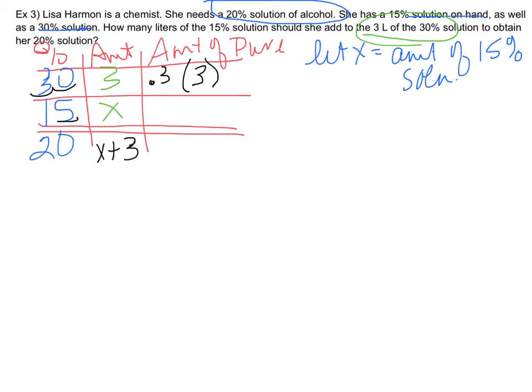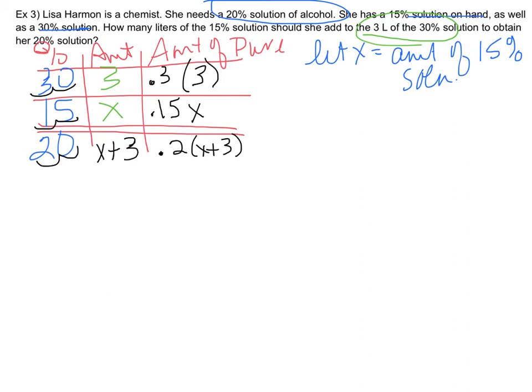Same thing with the 15%, you want to change it to a decimal again. So you have the 0.15, and then that is times x. The same concept applies. You add those up to get your 20% here. 0.2, because I'm moving 2 places, times the x plus 3. So 20% of however much I put together is going to be how much I have of the 20% solution.